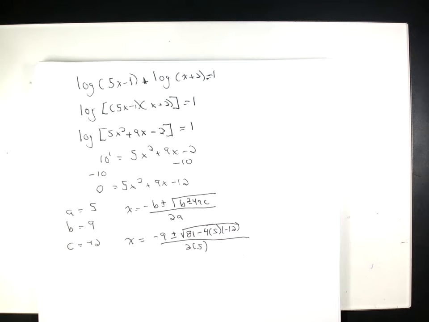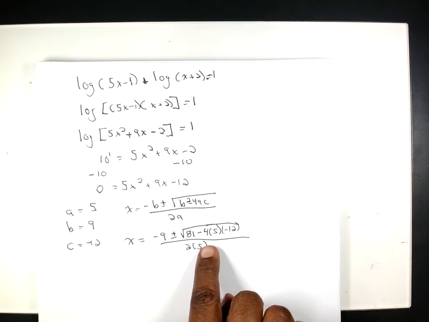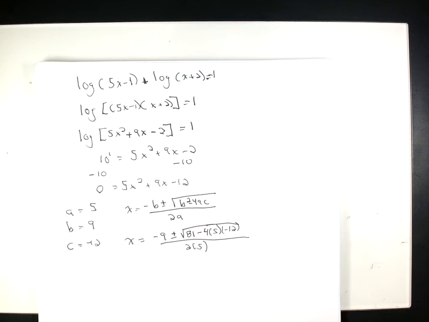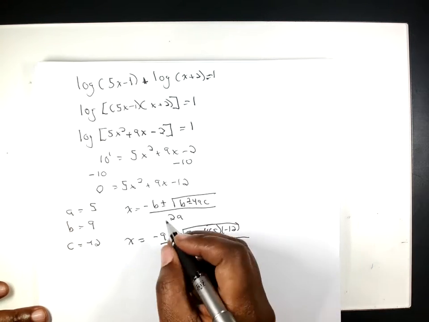So I'm plugging in my calculator, 81 minus 4 times 5 times negative 12. And inside of the square root, I got 321.